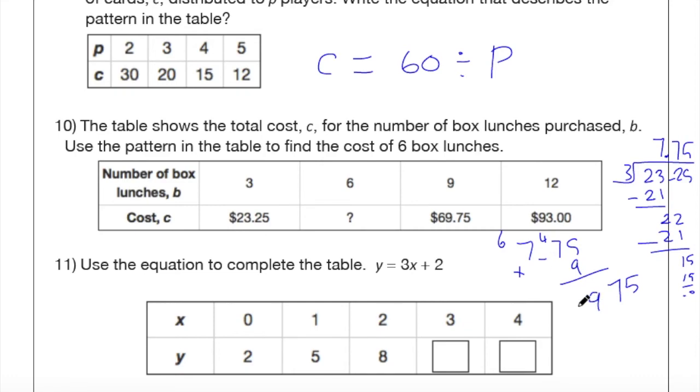And we have two decimal places here and two places there, so the answer is right. So now the rule is C equals B multiplied by 7.75. C equals 7.75B.